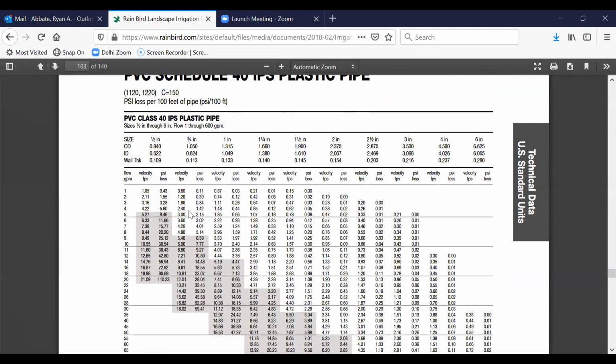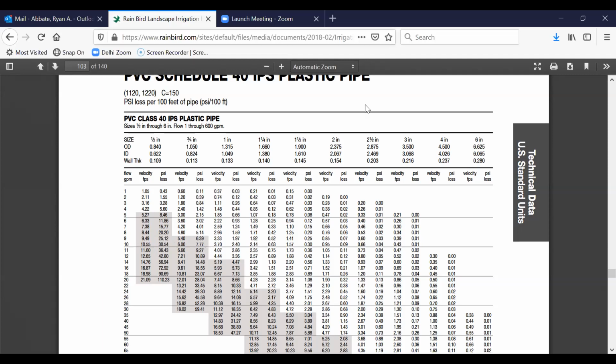We know we have a flow of how much? 10. Yep, Dimitri got 10 gallons per minute because that's our lowest. So at 10, we should have 7.77 PSI loss per 100 feet. So that should be a big one.